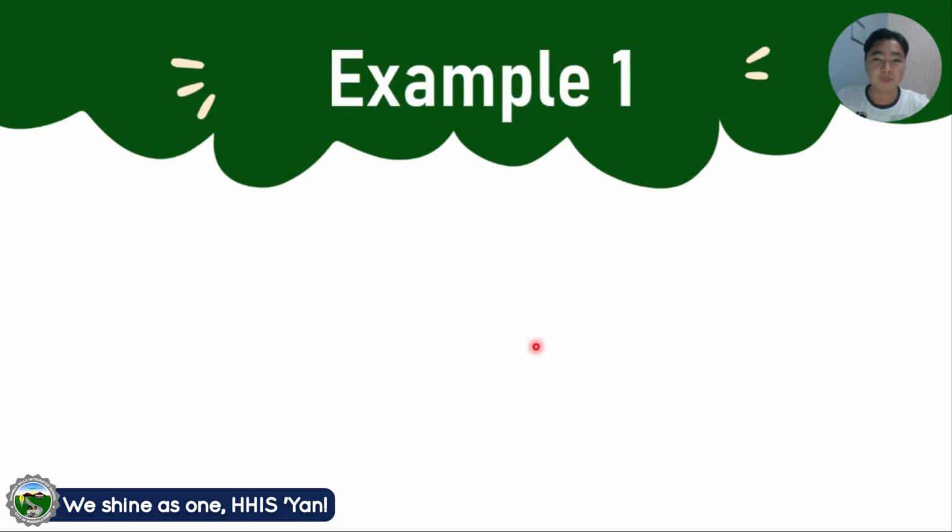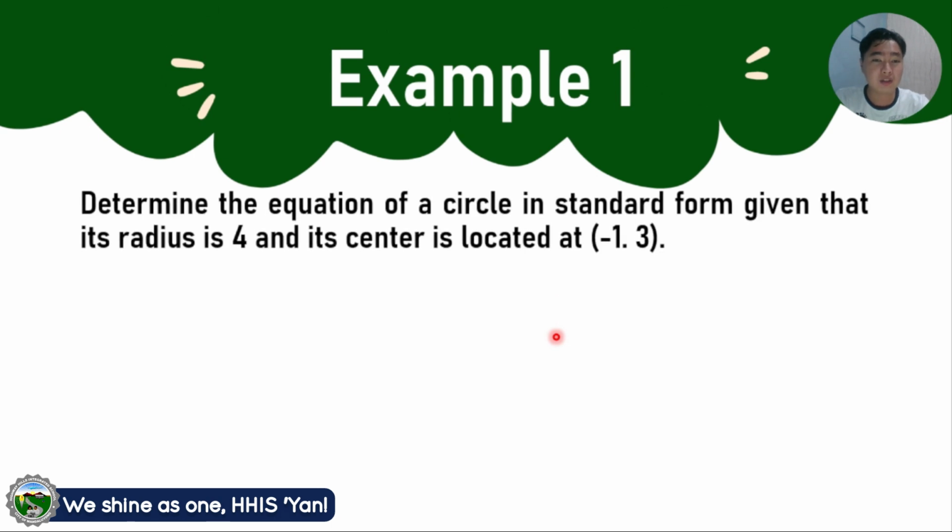Okay, let's continue. So, let's have this example number 1. Let us try to determine the equation of a circle in standard form given that its radius is 4 and its center is located at -1, 3. So, mapapansin natin dito, lantarang ibinigay yung radius at center ng ating circle. Let's try to write down the equation of a circle in standard form.